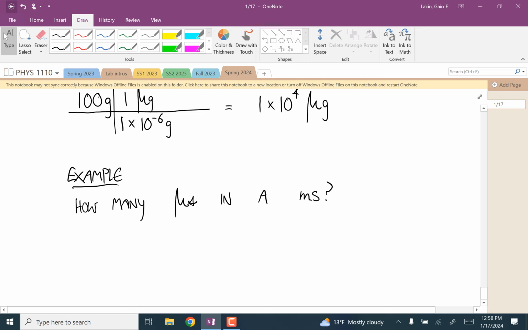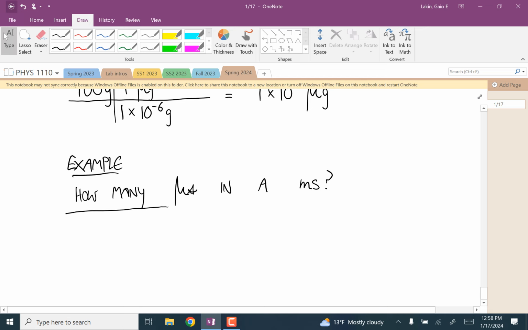Okay. Well, we're going to start with millisecond. So this is the value that we're starting with, 1 millisecond. And I'm first going to go to no prefix. And I'm going to do that just by replacing the milli with its meaning, which is times 10 to the minus third.